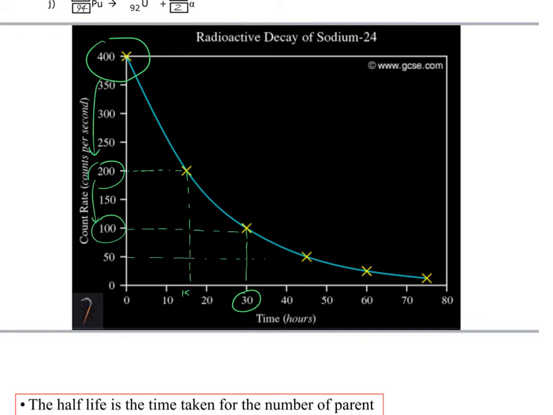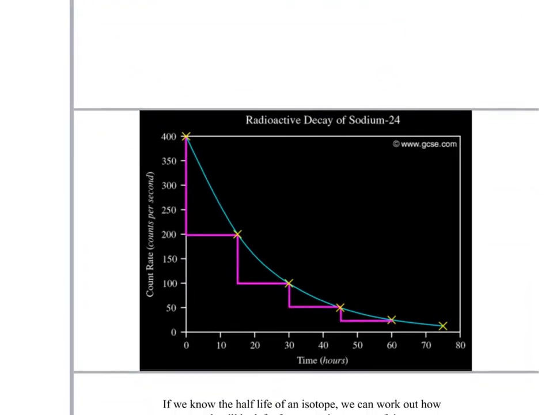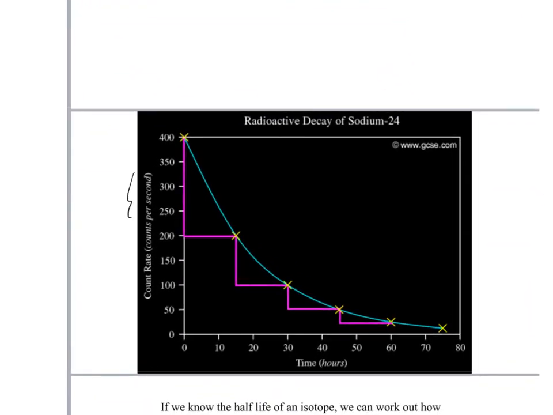We'd expect it to have halved again after 45, which is 3 lots of the half-life, 3 lots of 15 hours. You'll see I've reproduced this below. Okay, so this graph is dealing with counts per second, which is the number, remember, the number of decays that are actually detected. The activity, the total number of decays per second, would also behave in this way. Obviously, the numbers would be higher.